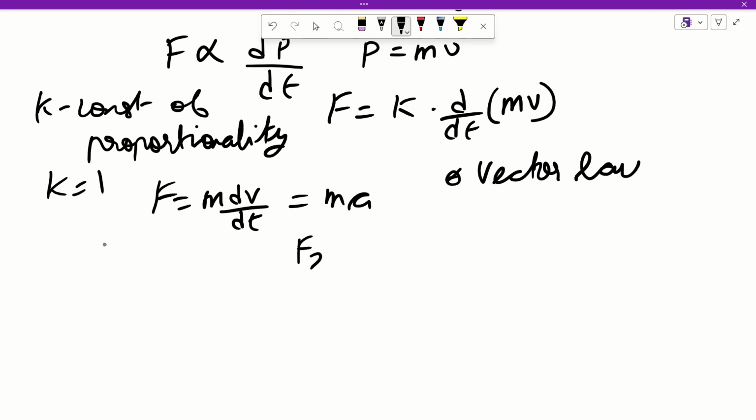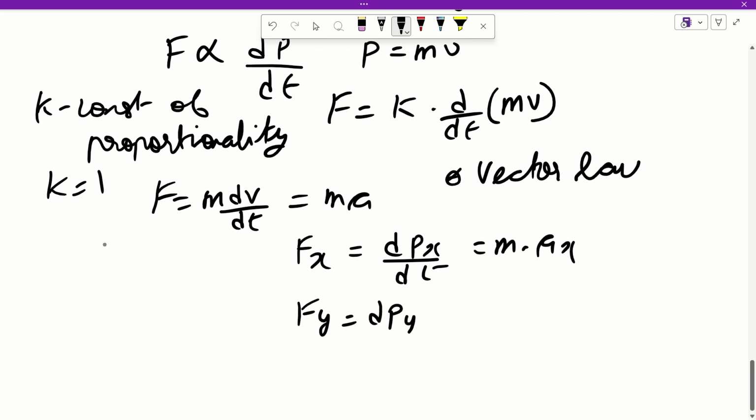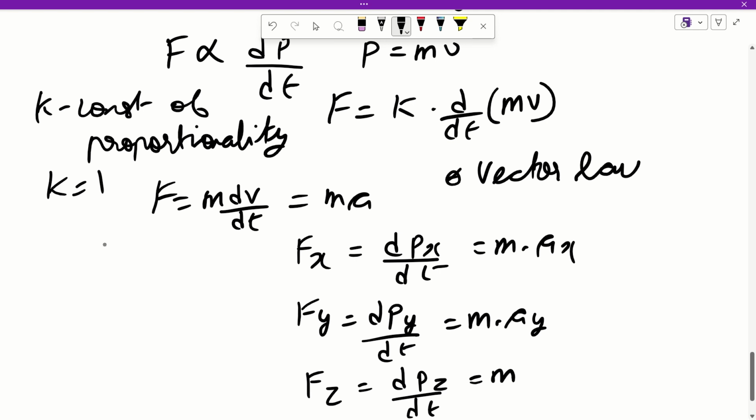Fx is equal to dpx by dt, which is equal to m into ax. That is force in the x component. Force in the y component is equal to dpy by dt, which is equal to m into ay. Fz is equal to dpz by dt, which is equal to m into az.